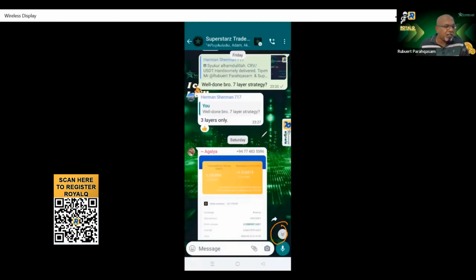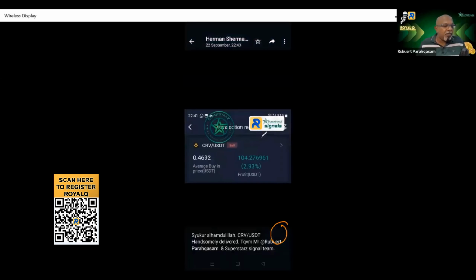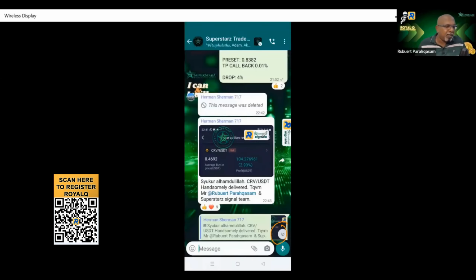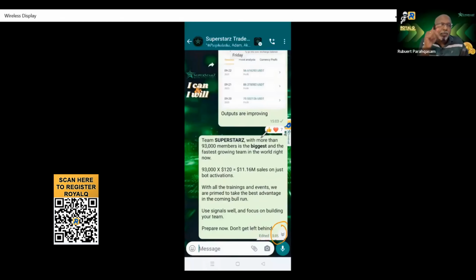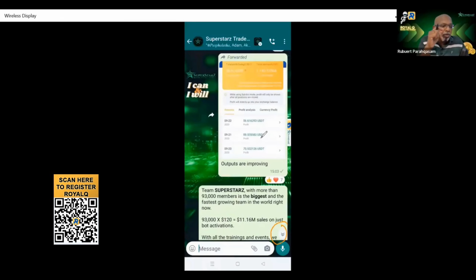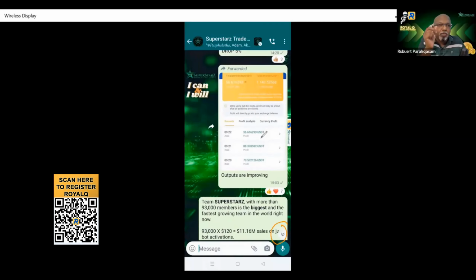These are all results. $104. Wow, that's amazing. $104 CRV, single trade. So make sure you put your team's sticker and share it back in the group so that those in the group can then use it as their marketing material.